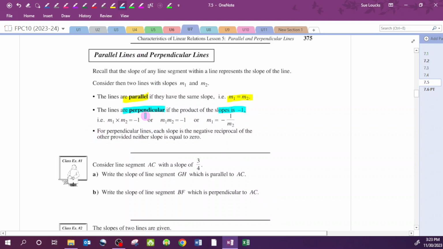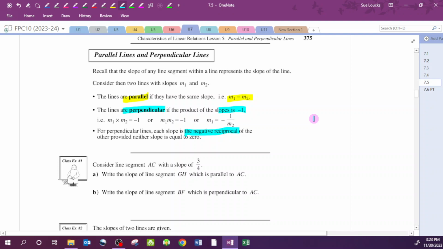And the way we usually word that, if we're using words, is for perpendicular, each slope is the negative reciprocal of the other, provided that neither slope is equal to 0. Negative reciprocal, remember the reciprocal is what you get when you flip it. So if you flip it and change the sign, right, you multiply it by -1, so the sign changes, then that's your negative reciprocal.